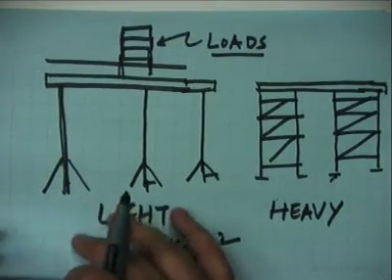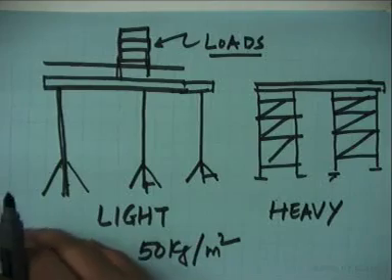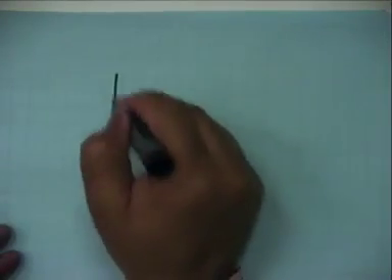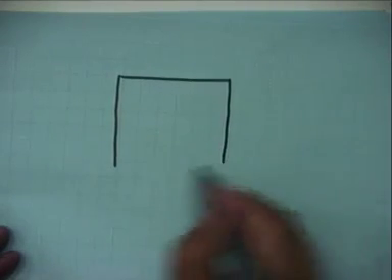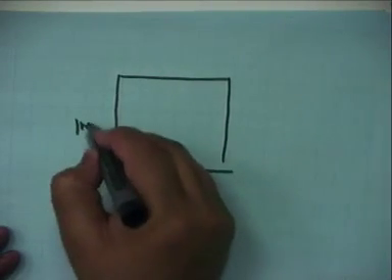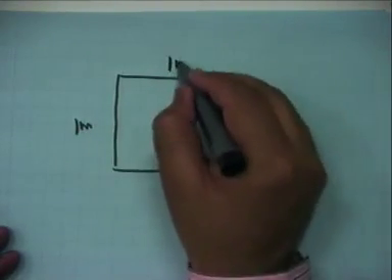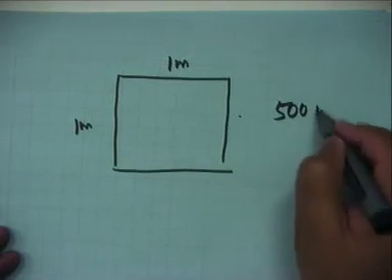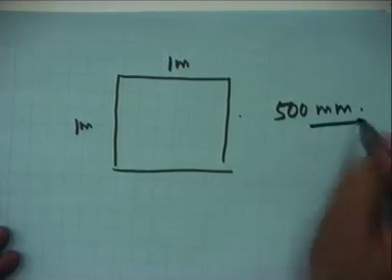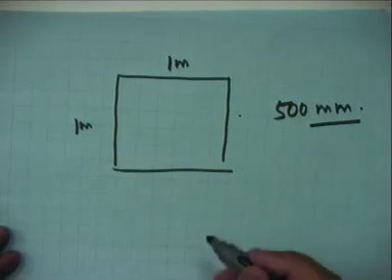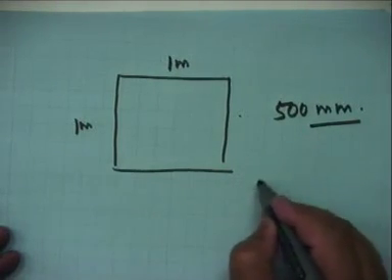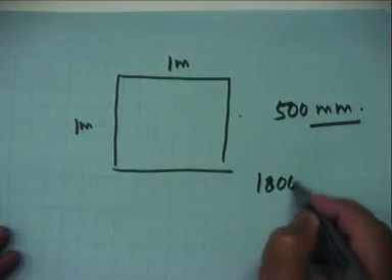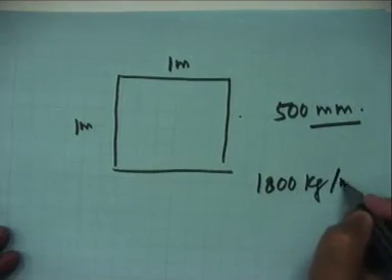Suppose I give you some material, let's say it's a brick, and you have, let's say, 1 meter by 1 meter brickwork of, let's say, 500 mm height. Let's say the density of the brick is 1800 kg per meter cube.